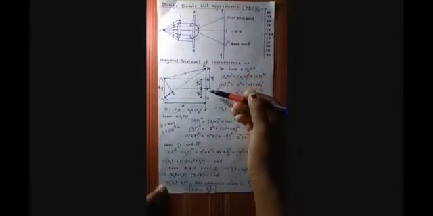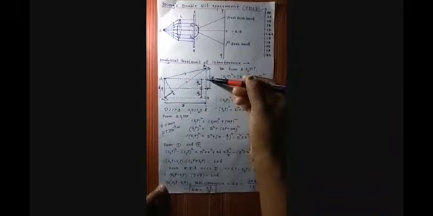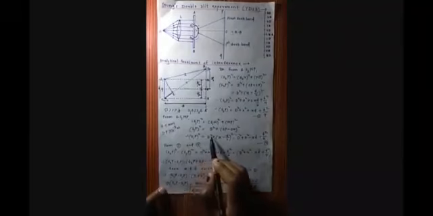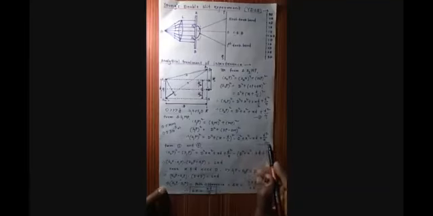Again we can write this MP as OP minus OM. So OP minus OM whole square, so it is equal to d square plus (x minus D/2) whole square, which is equal to, again using the same expansion, finally we obtain d square plus x square minus xD plus D square by 4. So subtract equation 1 from equation 2.